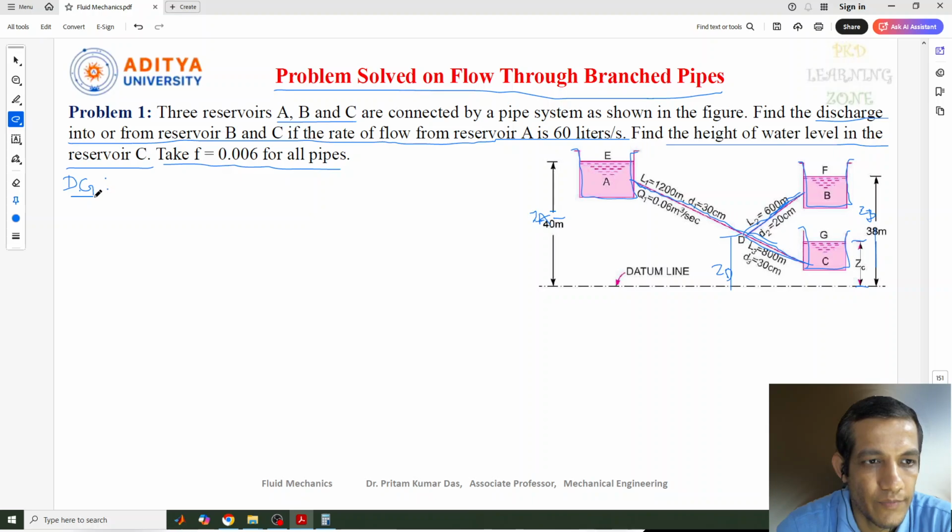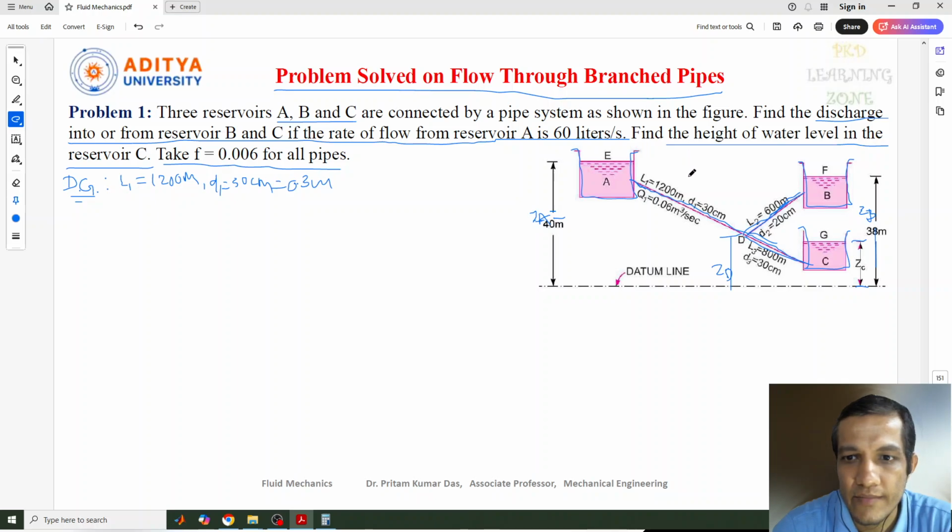Let me write here. This is the length of the first pipe, A to D. The length is L1 equal to 1200 meter, and the diameter of the pipe is D1 equal to 30 centimeter. This 30 centimeter you can also write in meters, so this is 0.3 meter.